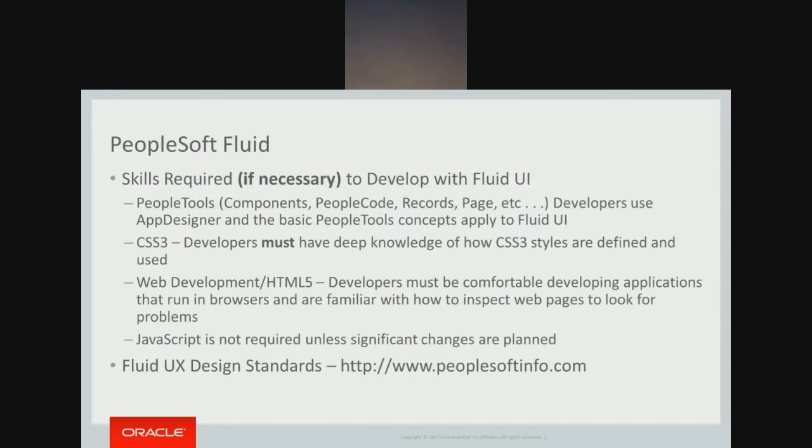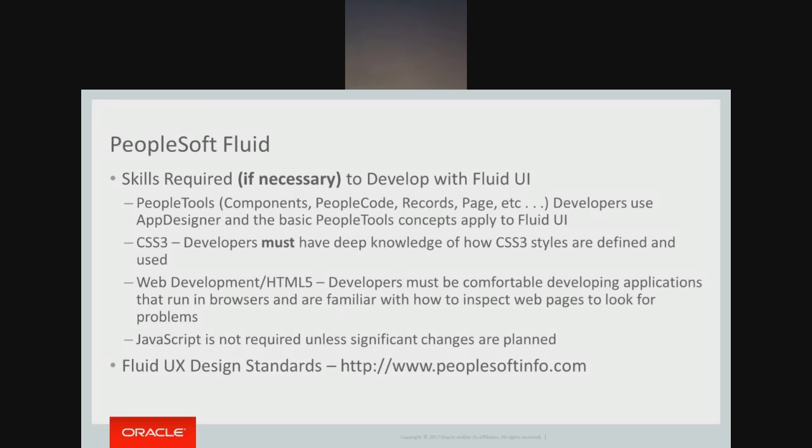With the introduction of Fluid, there's a little bit more knowledge that's needed in both HTML5 as well as cascading style sheets. But that knowledge is also transferable. So any skills that you acquire related to cascading style sheets and HTML5, you can transition to other products as well, because it is a common definition language. But you will have to have some familiarity with it.